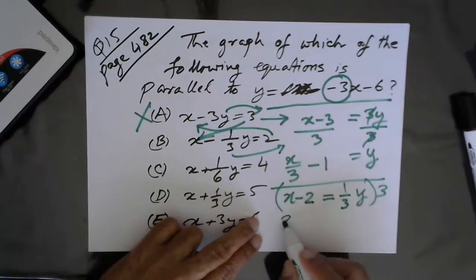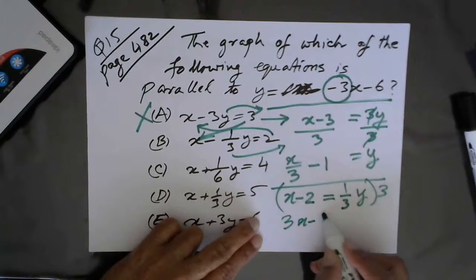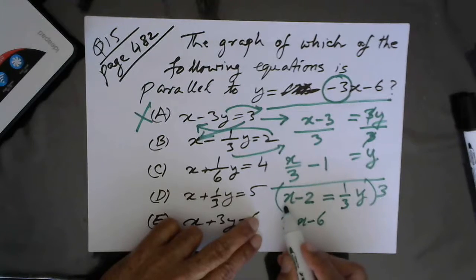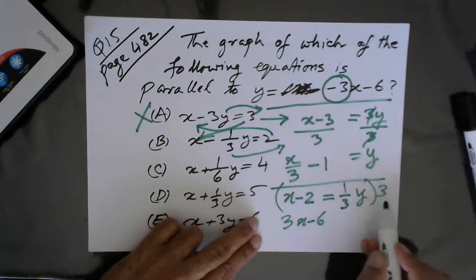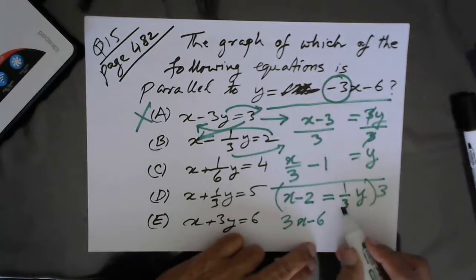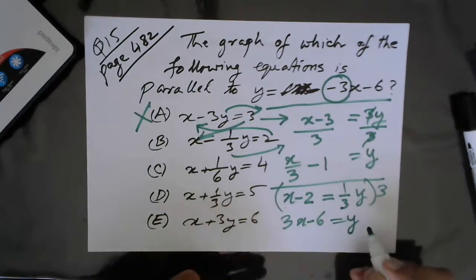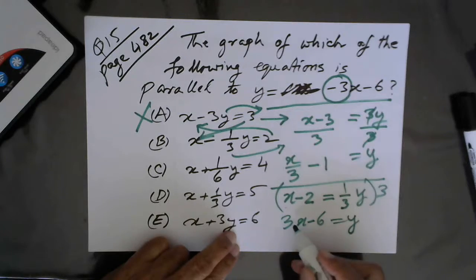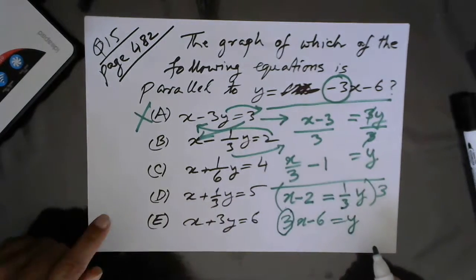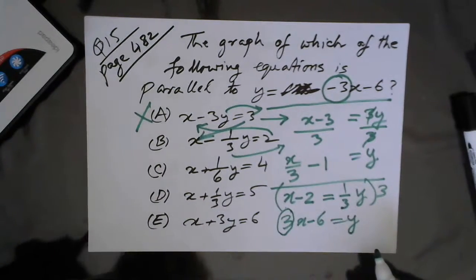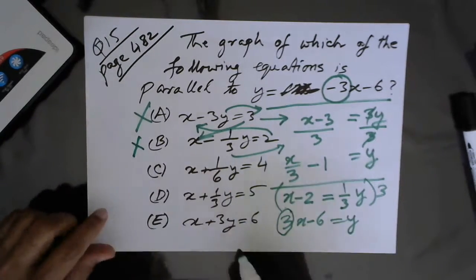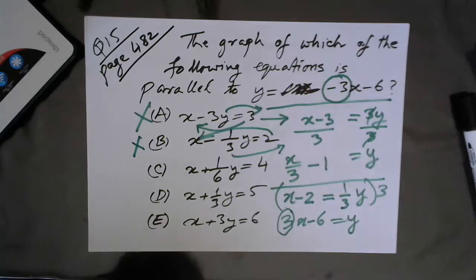So we will get 3x here minus 6 here. 3 times x is 3x, minus 3 times 2 is minus 6, and this 3 will cancel with this 3 and you will be left with y, and the slope, as you can see, is 3, and therefore this is not the answer. Let us move on to the C part, and I'm going to use the blue pen for that.